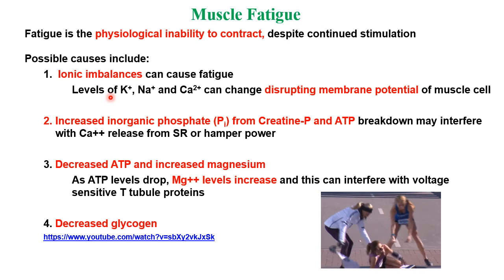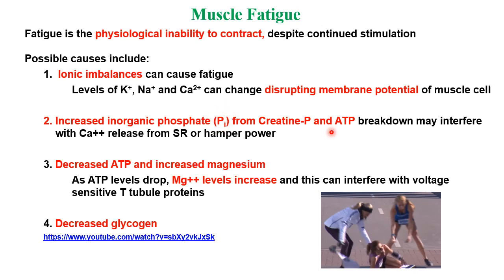Anyway, so talking about muscle physiology, another thing can happen here: increased concentration of inorganic phosphate. Where is this inorganic phosphate coming from? ATP and also from creatine phosphate, right? So you can break this bond, and then you accumulate a lot of inorganic phosphate.